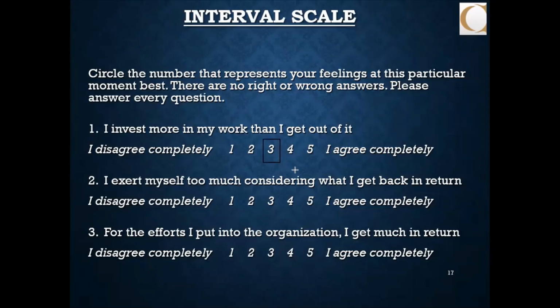I exert myself too much considering what I get back in return, I'd say about a 3. It kind of goes both ways. I could exert too much sometimes, exert too little sometimes. And for the efforts I put into the organization, I get much in return, I would say probably a 3 again, maybe. So you can do interval scales with this. Like, I disagree completely, I agree completely.